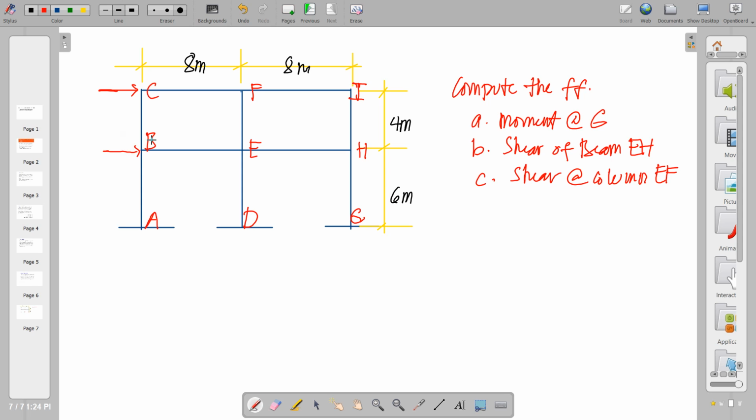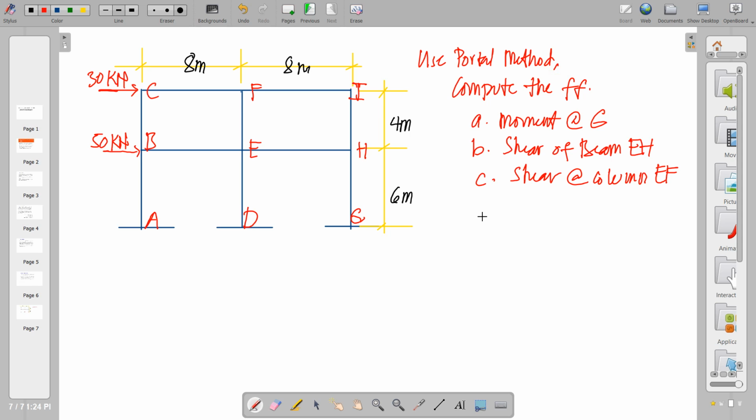Say this is 30 kilonewton and this is 50 kilonewton. So we use Portal method according to the problem to compute for the following unknowns.